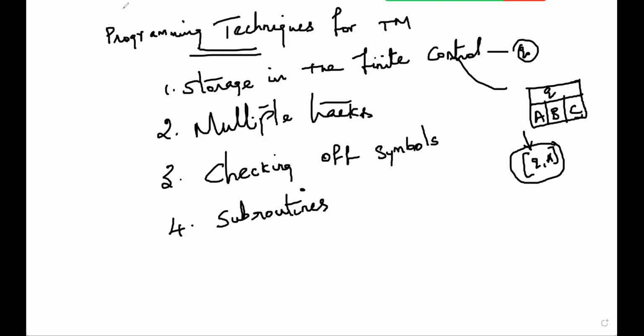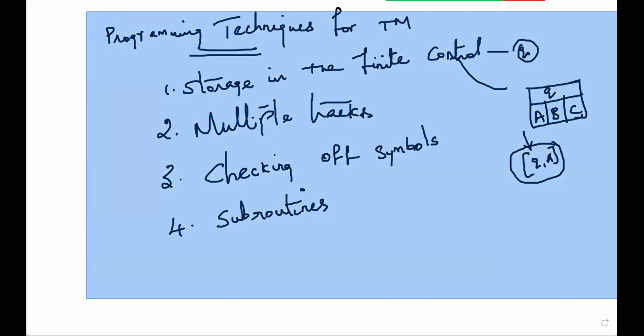Okay, let's see one example for all these types. First one is storage in finite control. I want to recognize 0 1 star plus 1 0 star. This string I want to recognize using Turing machine. It's either or.